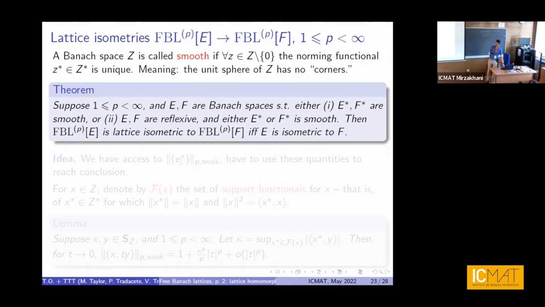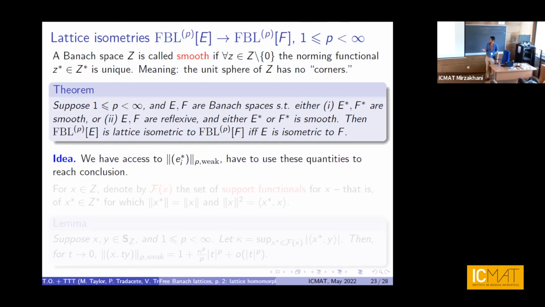So in this situation, if the three Banach lattices are the same, then the spaces themselves are the same. I'm not going to give the whole proof, or maybe I'll sketch part of it, but here it's a good spot to mention the idea of what we have.